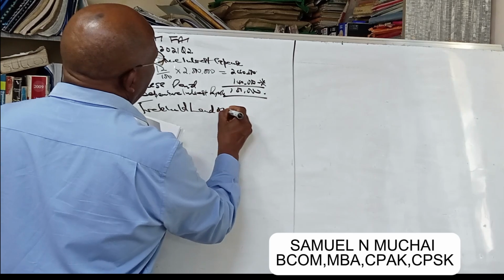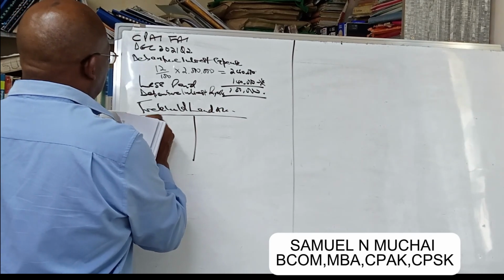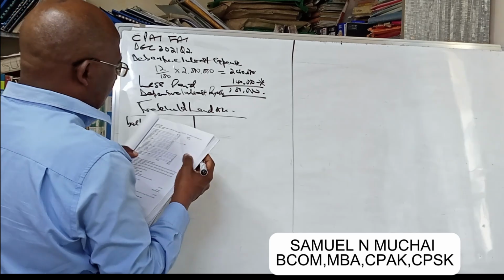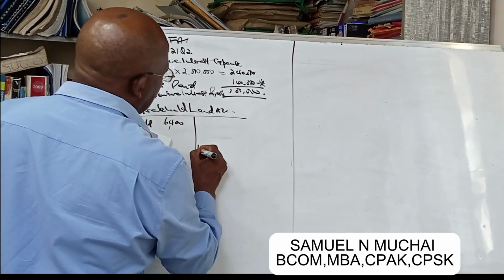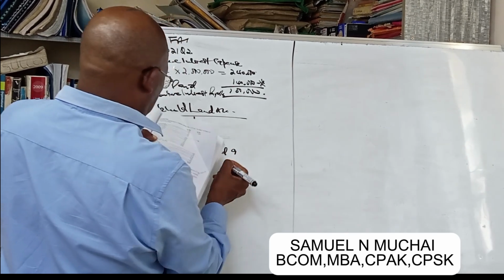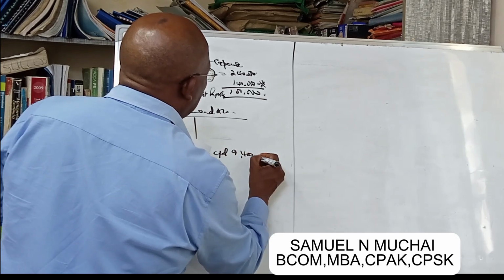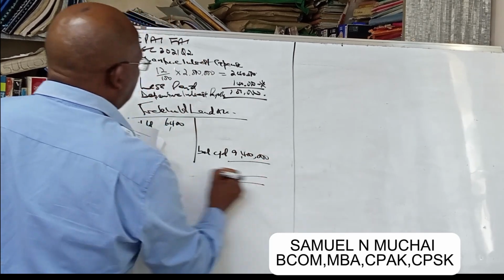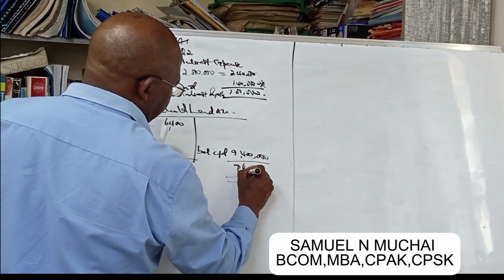From the trial balance, the opening balance of freehold land at the beginning of the year is 6,400,000, but you are told it was revalued, balance carried down, to 9,400,000. So the closing balance is 9,400,000.